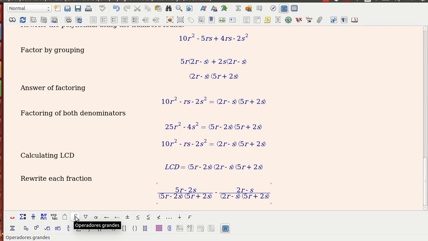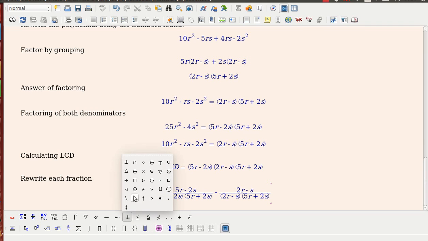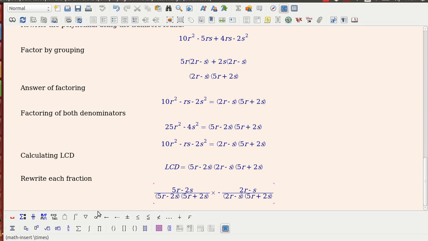Think a little bit. Okay, 5r minus 2s is in the LCD, 5r plus 2s is in the LCD, it lacks 2r minus s. So I'm going to multiply by 2r minus s.